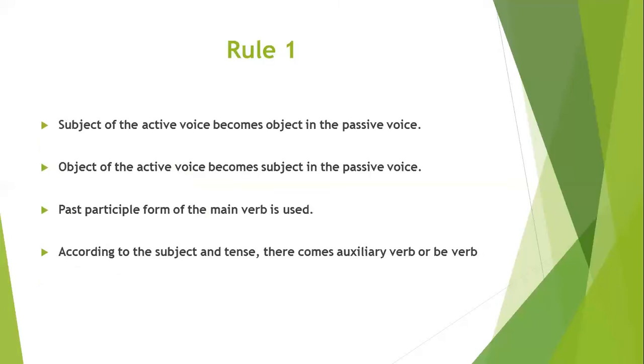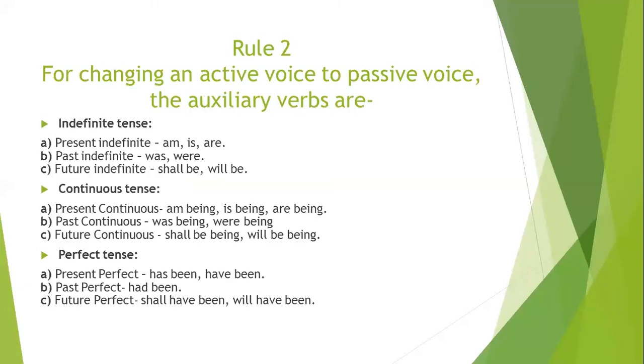Okay, dear cadets, I hope this basic rule has been clear to you. So now, let's switch to our next rule. That is, in order to change an active voice into a passive voice, how the auxiliary verbs will be changed according to tense and subject.